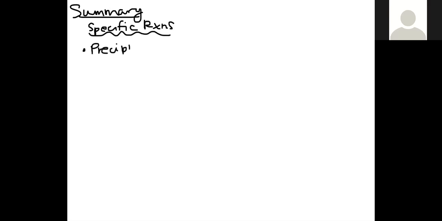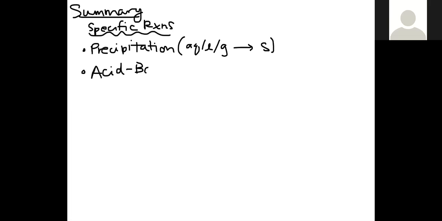What's the definition of a precipitation reaction? Solid in the products, no solid in the reactants. So it's either aqueous, liquid, or gas goes to solid, right? So non-solids go to at least one solid. Acid base. What's acid base, you guys? Yeah, but what's an acid?